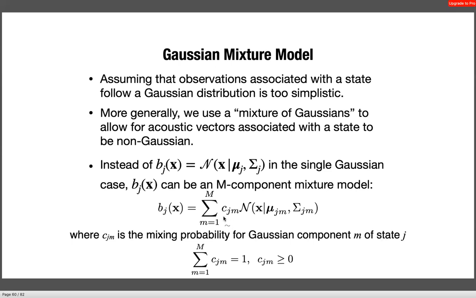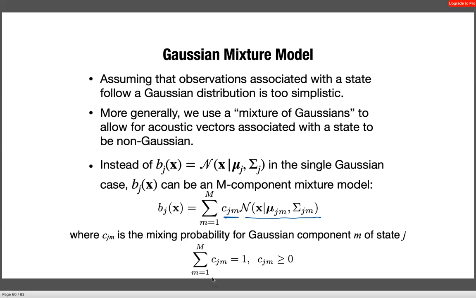So it's c sub j of m times a Gaussian density function, where now you have a mean vector for every mixture component m corresponding to state j, and you have a covariance matrix for every mixture component m in state j. And now you also have these additional mixing probabilities. This is the probability with which you're going to prefer one of these mixture components, which is indexed by m.